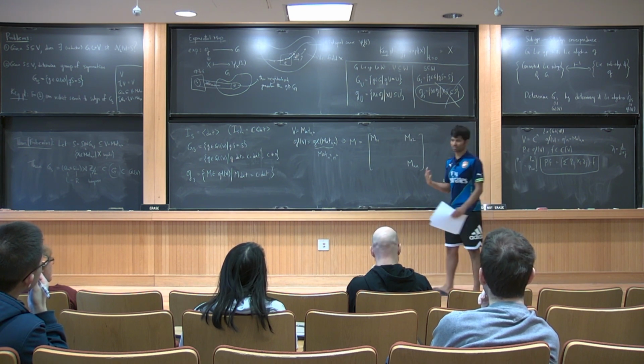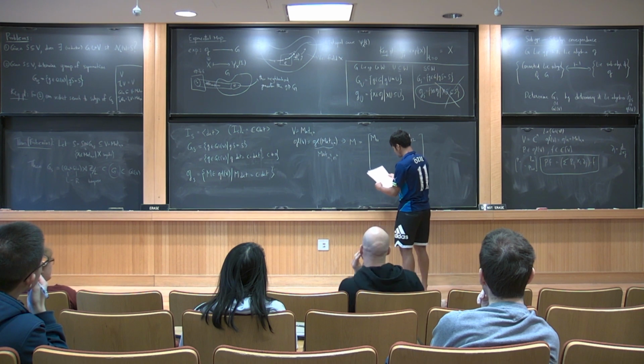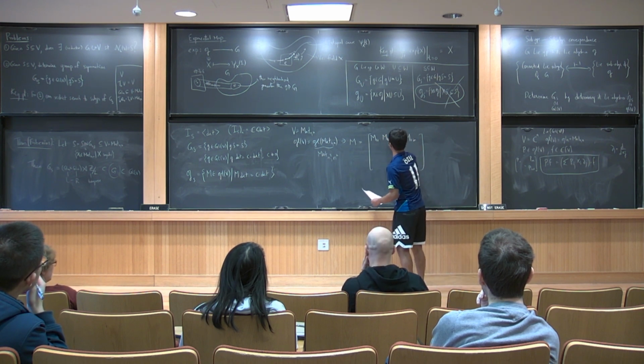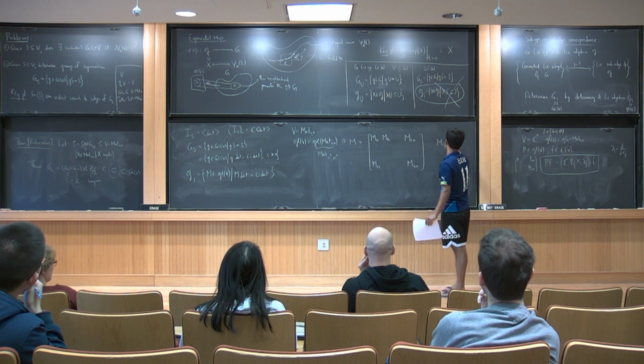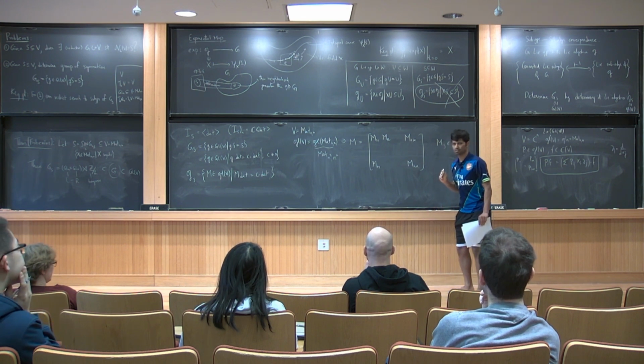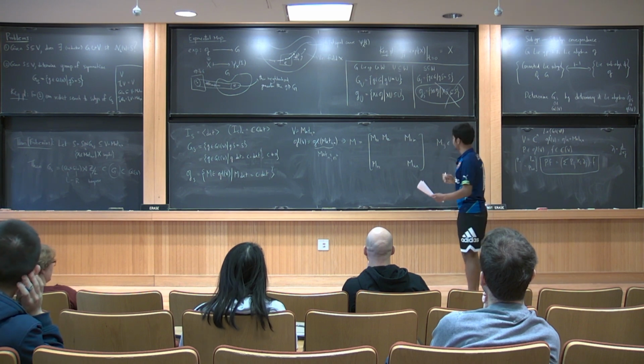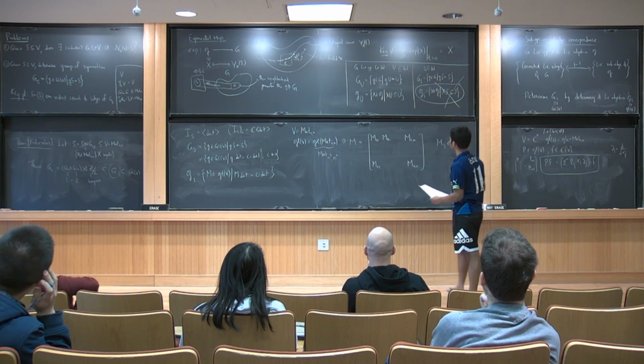Just watch how the computation unfolds. So m11, m12, through mnn, and each of these mij's are again n by n matrices. This should remind you of Kronecker products of matrices.